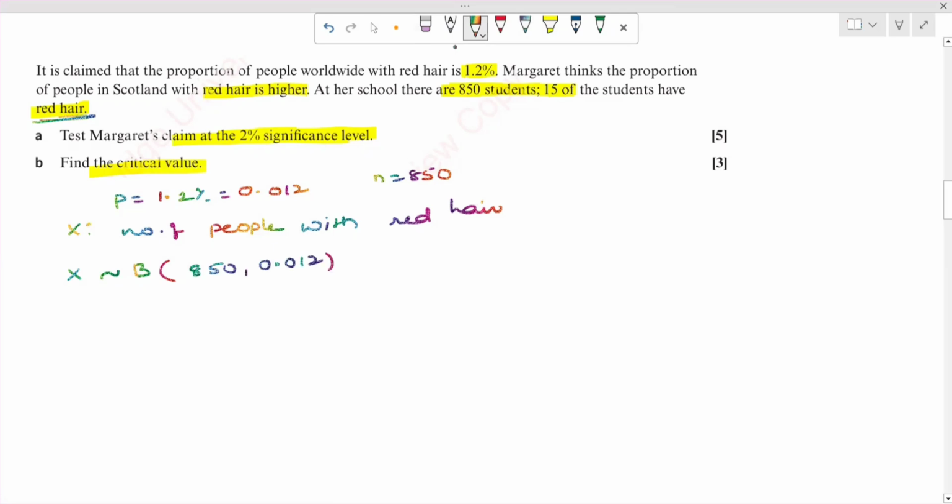So p is 0.012, and q will be 1 minus 0.012. Simplify that, it is 0.988.